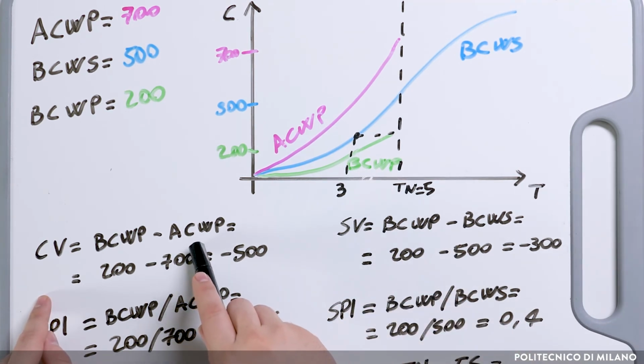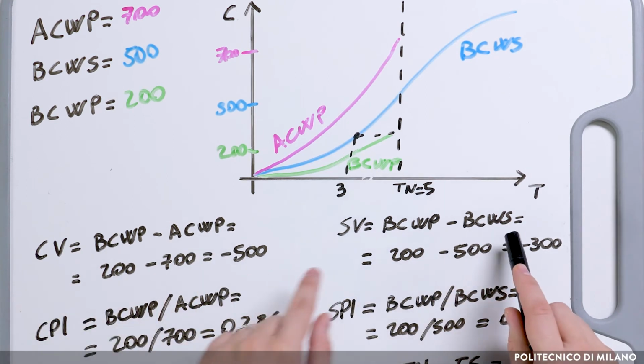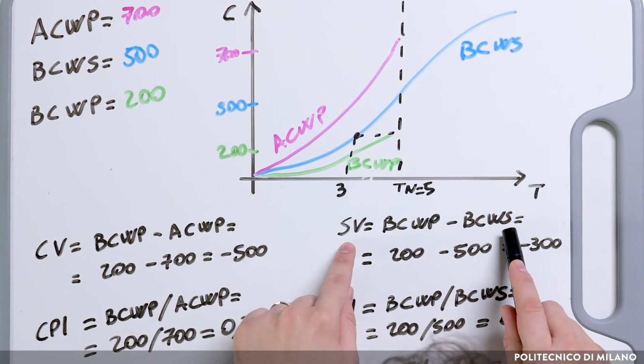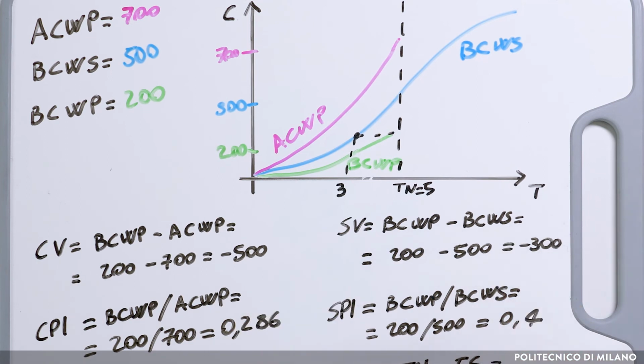So the ACWP for the cost variance and the BCWS for the schedule variance. Moving to the relative indicators, you've got exactly the same thing, having BCWP first with a divide instead of the minus. So ACWP for the cost, CPI, and BCWS for the time, SPI.